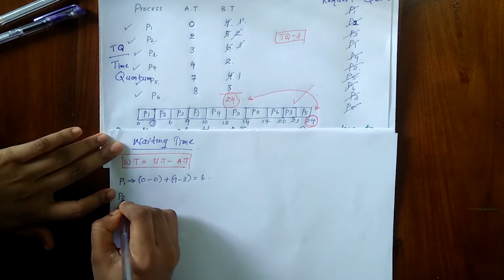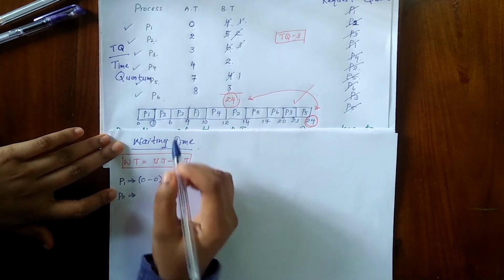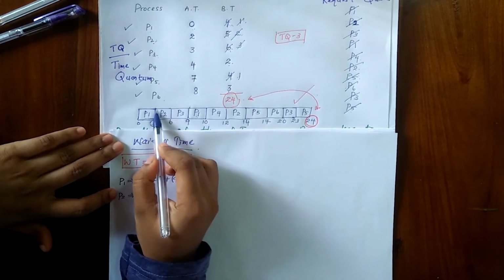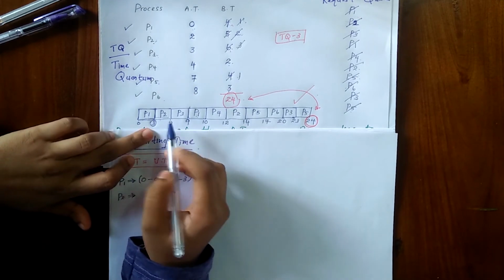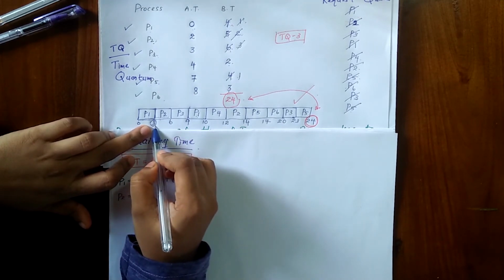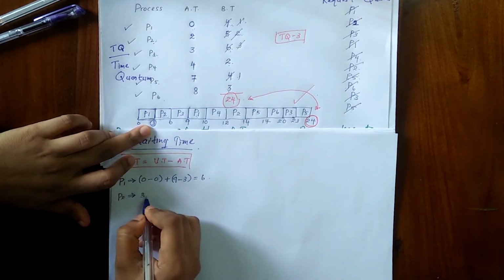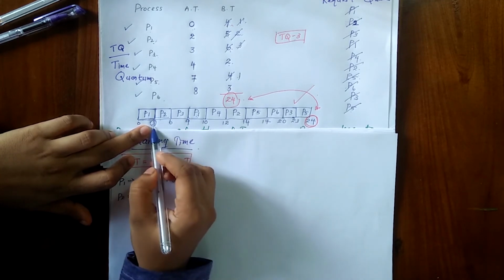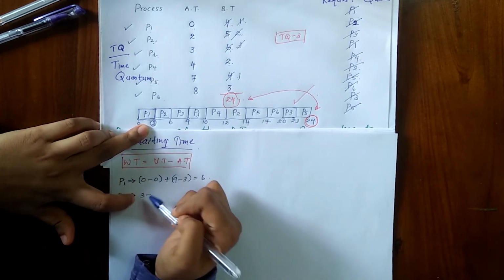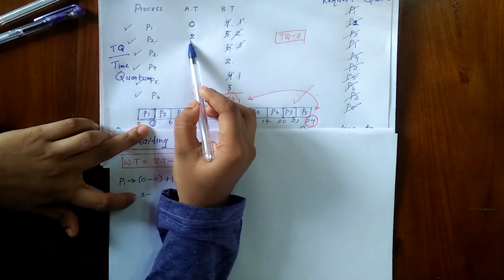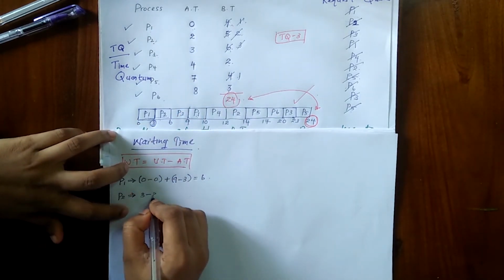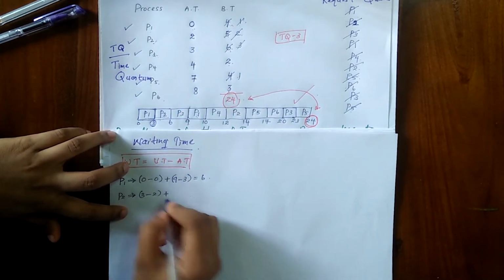And then let's go to P2. P2, let's see the first part. So it is 3, right? 3 minus, P2's visiting time is 3. So 3 minus arrival time 2. So 3 minus 2 plus.